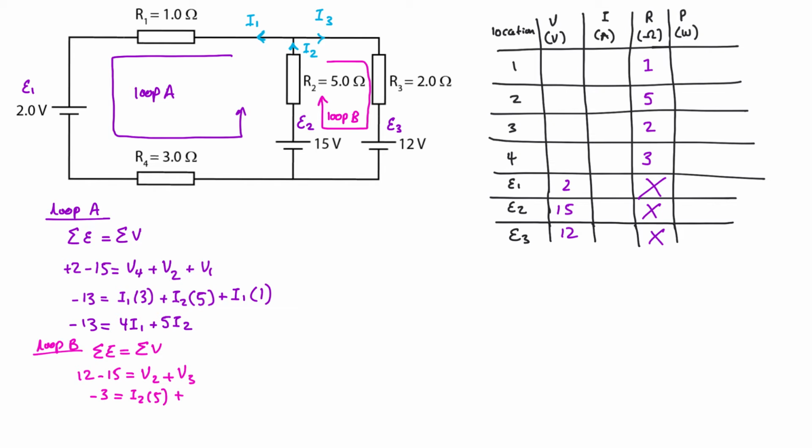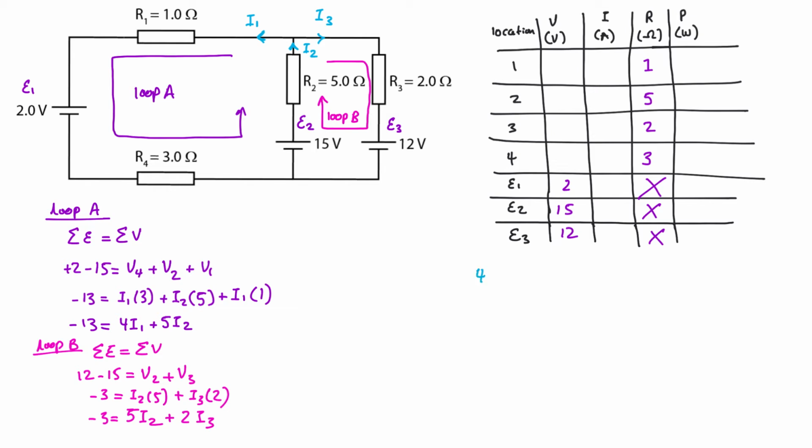So V3 is equal to I3 times R3, and I3 we don't know, but we do know R3, its value is 2. So I can just simplify this and write it as negative 3 is equal to 5I2 plus 2I3.